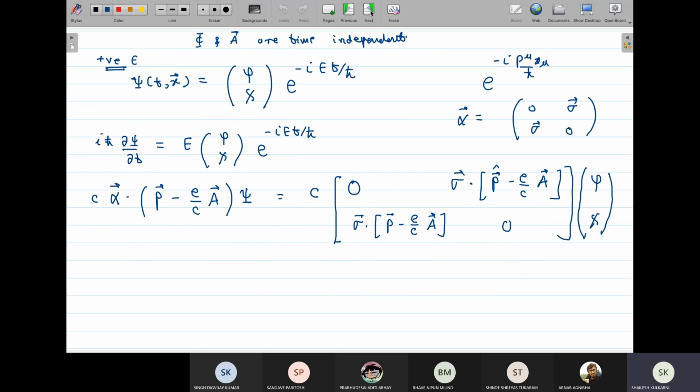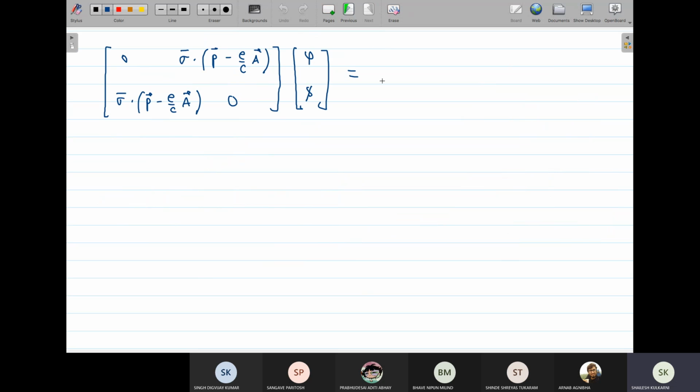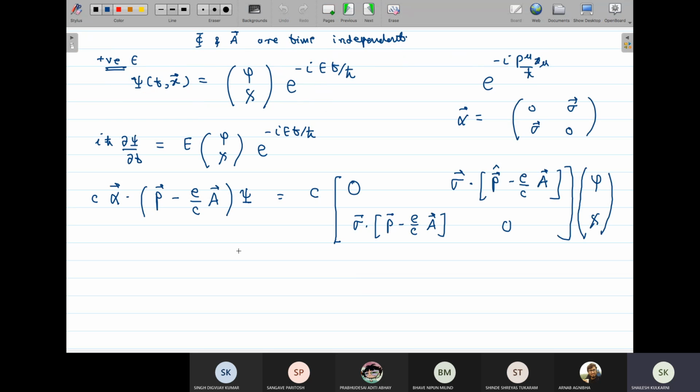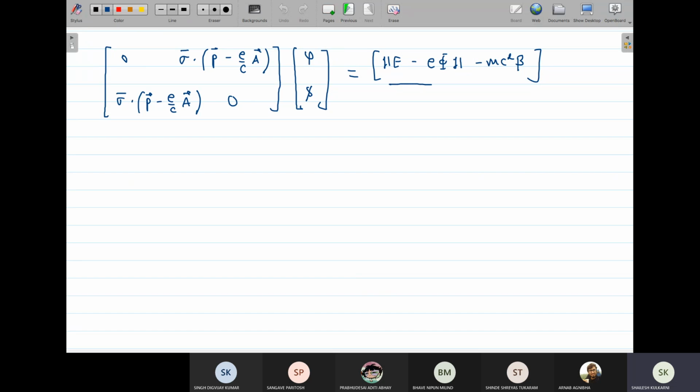So del by del t gives E times this two-component spinor. So this will be E minus e phi, times identity, there is an identity here also, minus m c square beta, divided by c, because there was c here, acting on phi chi.